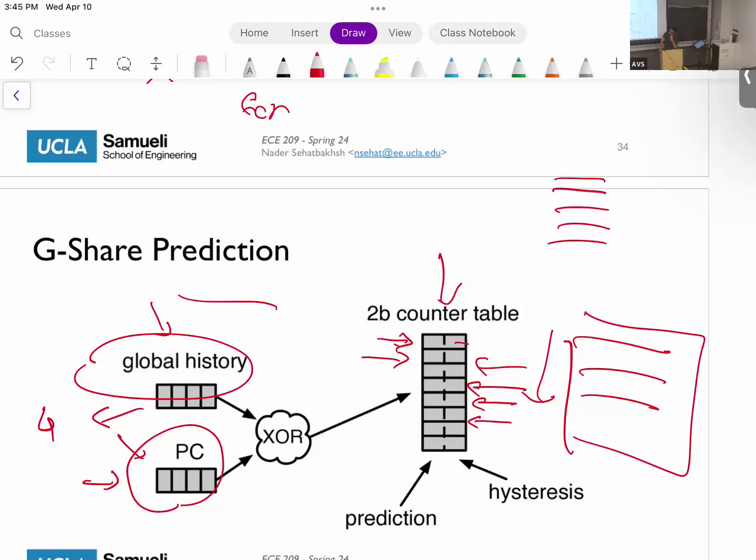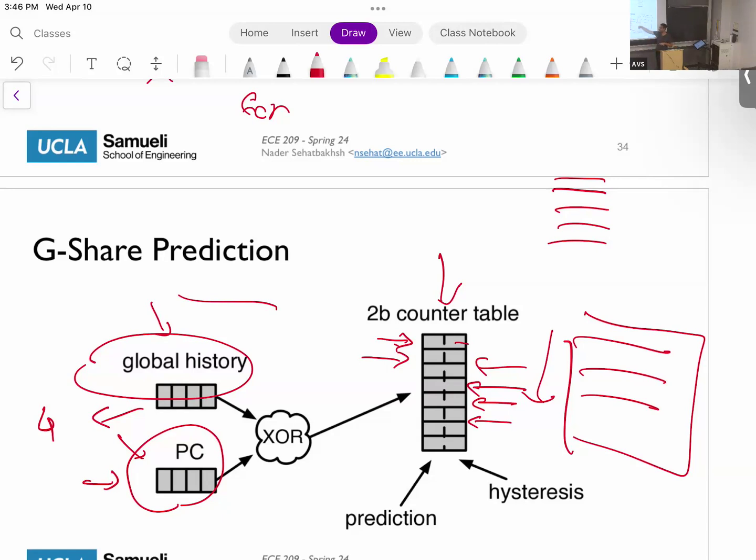You'd slowly get all ones. Except with the program counter, which is going to stay the same for each different branch. So you have a bunch of different entries in your counter table, and you're never going to go back to those.